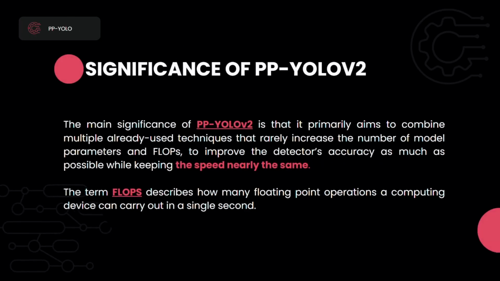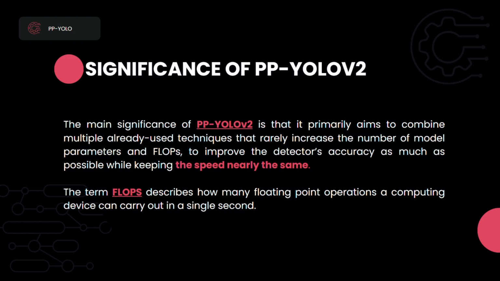So what is the significance of PP-YOLOv2? The main significance of PP-YOLOv2 is that it primarily aims to combine multiple already used techniques that rarely increase the number of model parameters and FLOPs to improve the detector's accuracy as much as possible while keeping the speed nearly the same. So they wanted to maintain the speed and increase the detector's accuracy as much as possible.